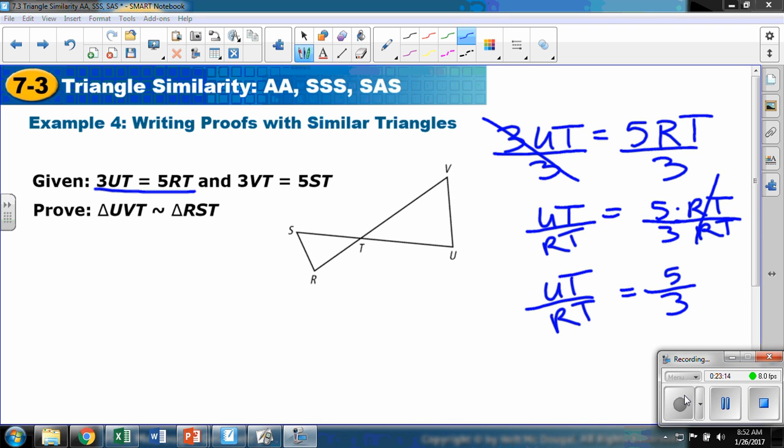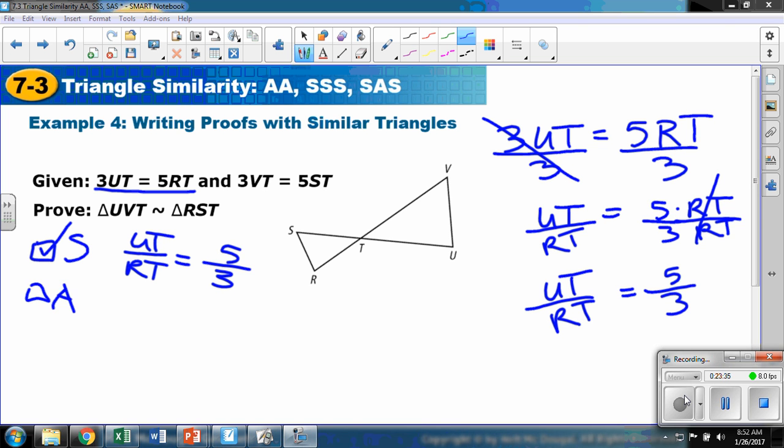This algebraic manipulation allows us to show UT, RT would have a scale factor 5 over 3. Okay, we've got one pair of scale factors.